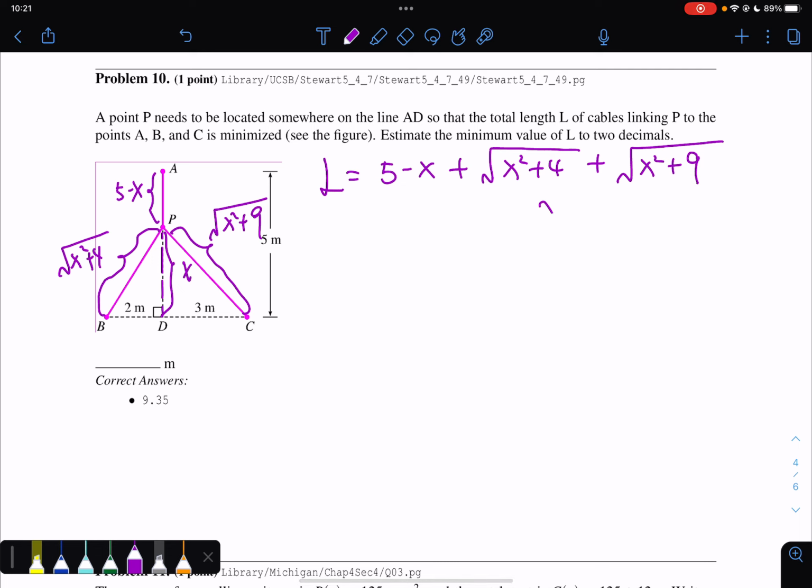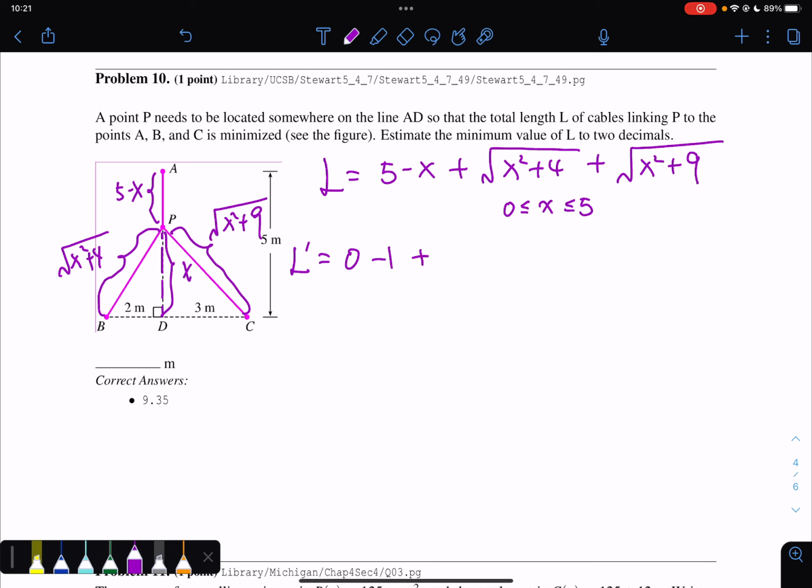Well, clearly my x should be at least 0, at most 5, but that's just a side note. So let's begin to do the calculation. If I were to take the derivative, 5 gives me 0, and I have a negative 1.